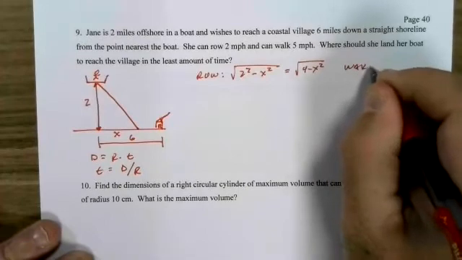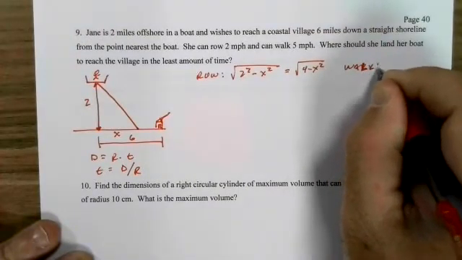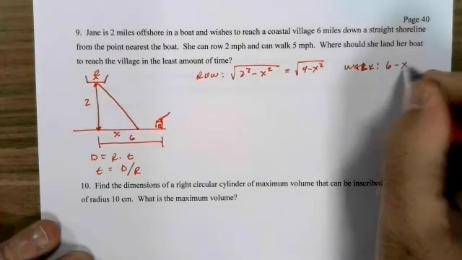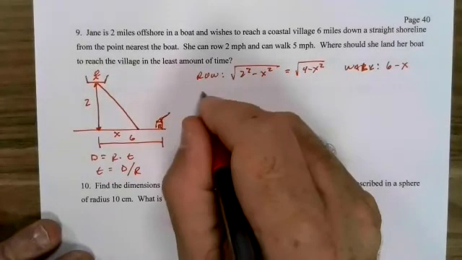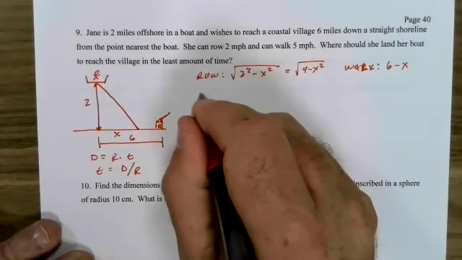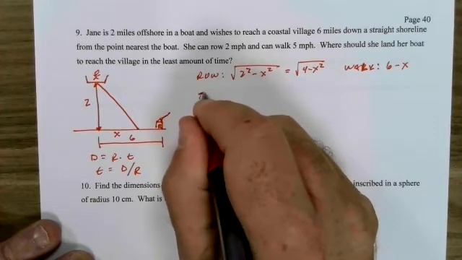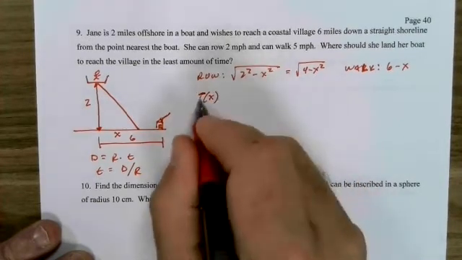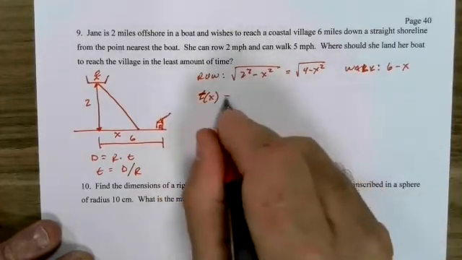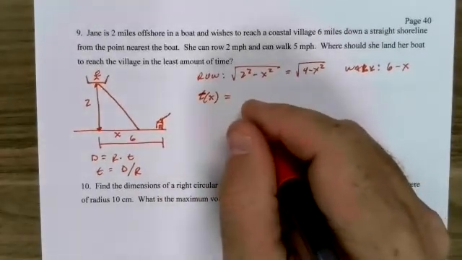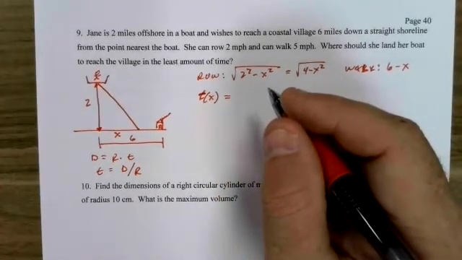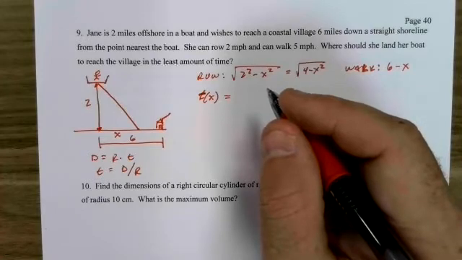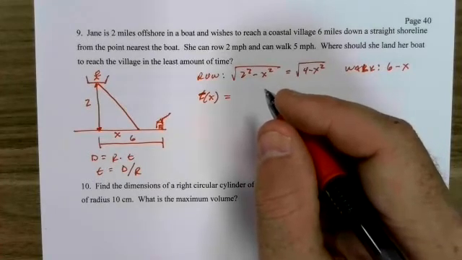She's going to walk 6 minus x. Yeah, that'll do. So let's go t of x. The time it will take will be, I gotta think about this for a second. Oh, the distance, yeah, okay.